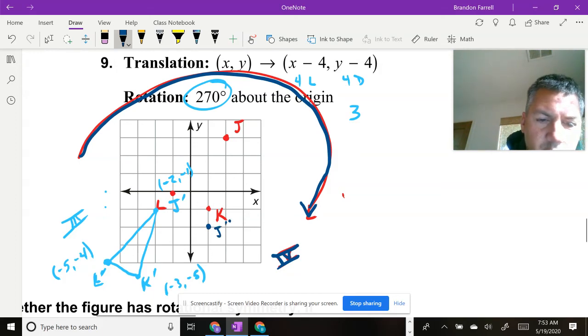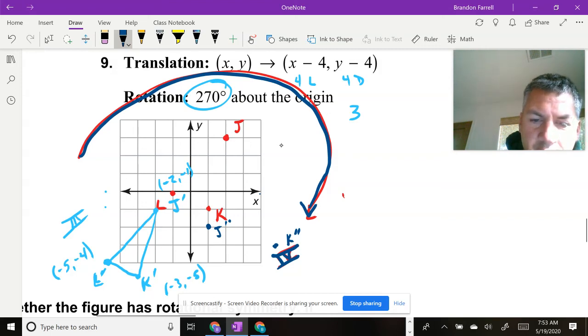All right, then we're going to do 1, 2, 3, switch 5, 5, -3. So 1, 2, 3, 4, 5, -3 is right there. That's going to be K double prime. And this is going to be 1, 2, 3, 4, -5.